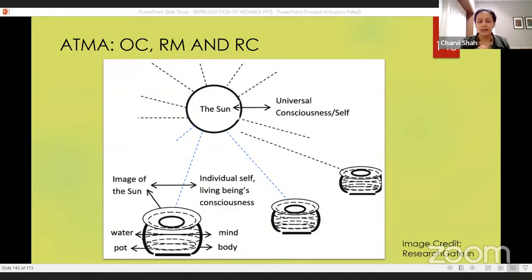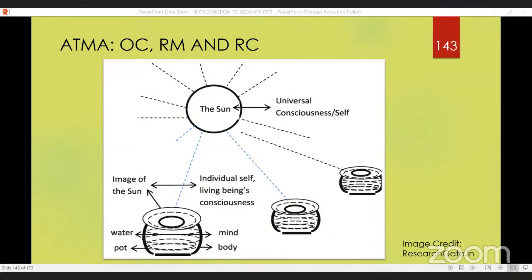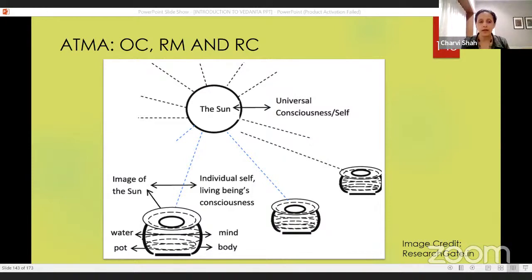So this Ananda which we experience is the reflected Ananda. It is the Ananda borrowed from the Atma. This is the Ananda Swarupa Atma. It is nothing but my true self, my true nature. So the objects of this world can't do anything, but they just create a conducive condition for my own Ananda to manifest, to reflect.